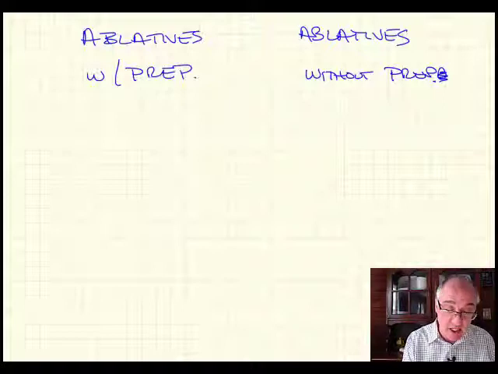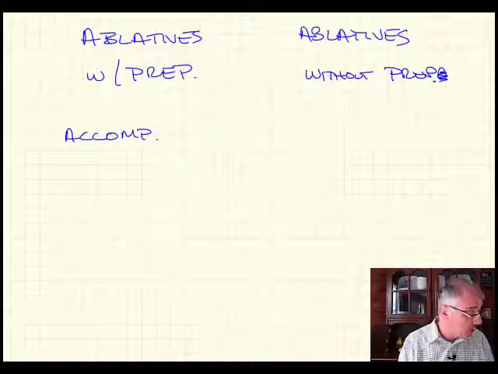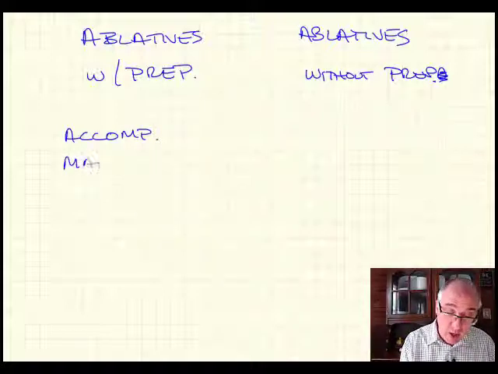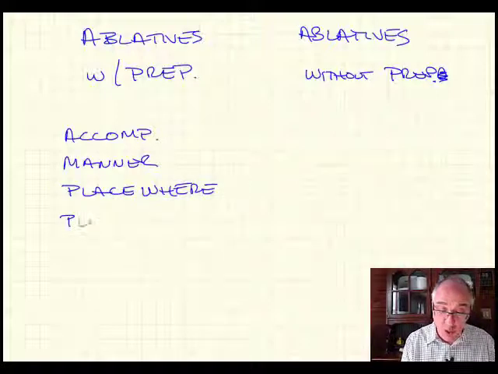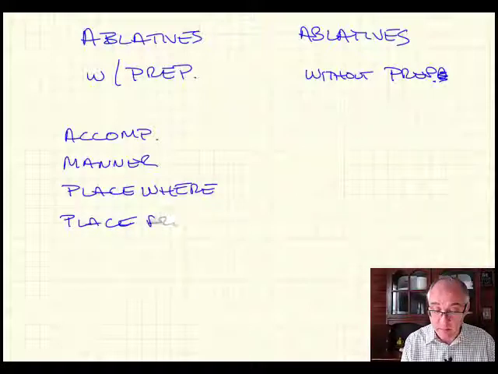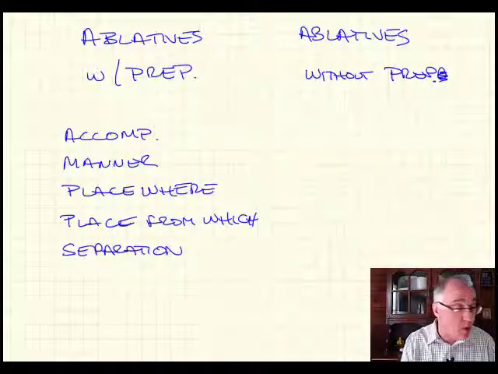I encourage you to make your own list, absolutely, but he mentions accompaniment with a preposition, cum. He mentions manner, which uses a preposition, cum. Place where, which uses the preposition. Place where, place from which. He uses separation, ab, de, or ex. I am giving you an abbreviated form at the moment.